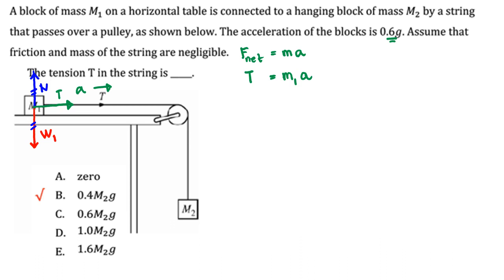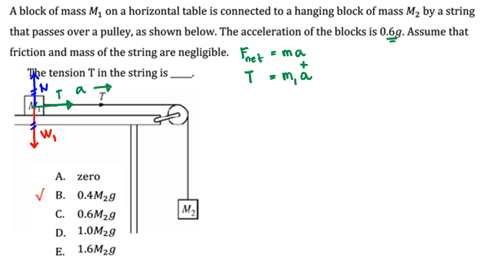It is also essential to determine the direction of this acceleration. Since the acceleration is directed to the right, we consider that positive. If it's directed to the left, then the acceleration should be negative. So those are the forces acting on M1.